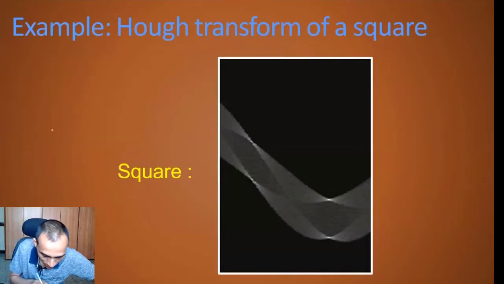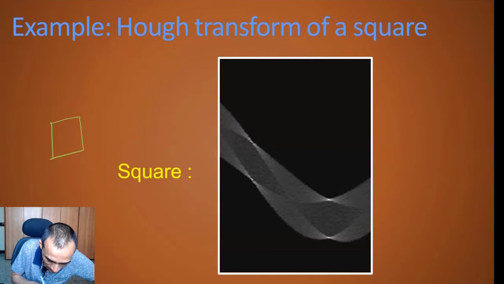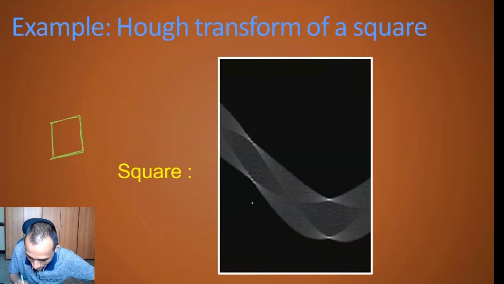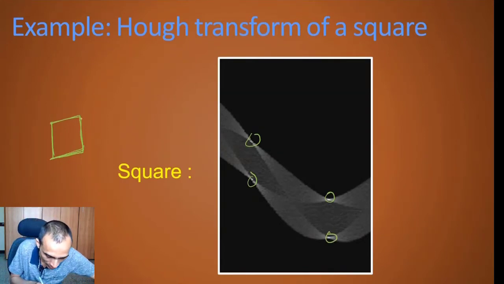For example, if you have a square in your image, there will be 4 lines, and your Hough space will look something like this. You can see there will be 4 distinct peaks, which correspond to the 4 sides of the square.